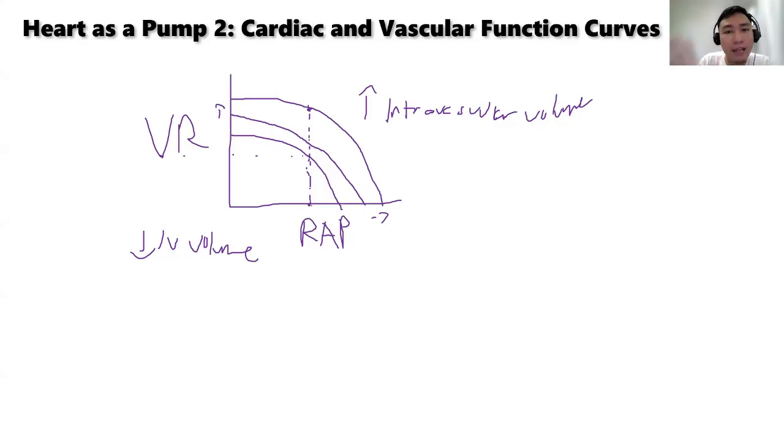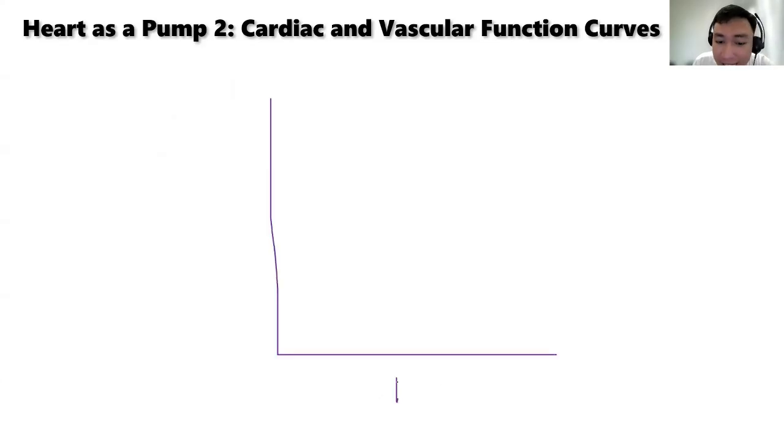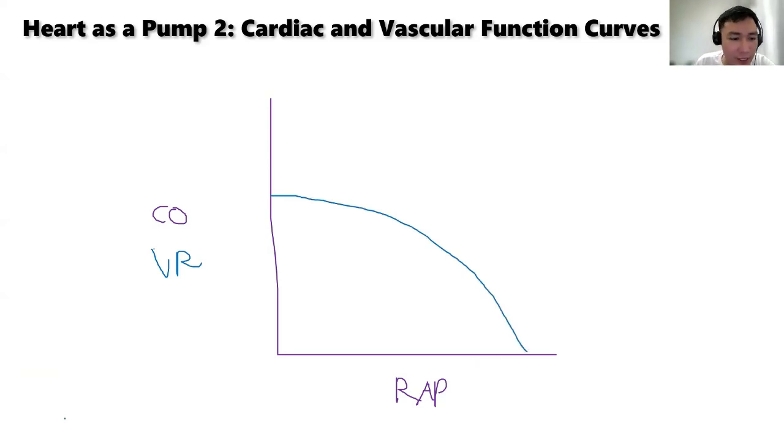Now we'll try to combine both the cardiac and vascular function curves in one graph so we can see how things are interrelated. Here, you still have your right atrial pressure on the x-axis. But now our y-axis is either our cardiac output or our venous return. We said venous return is inversely proportional to the right atrial pressure and cardiac output is directly proportional.